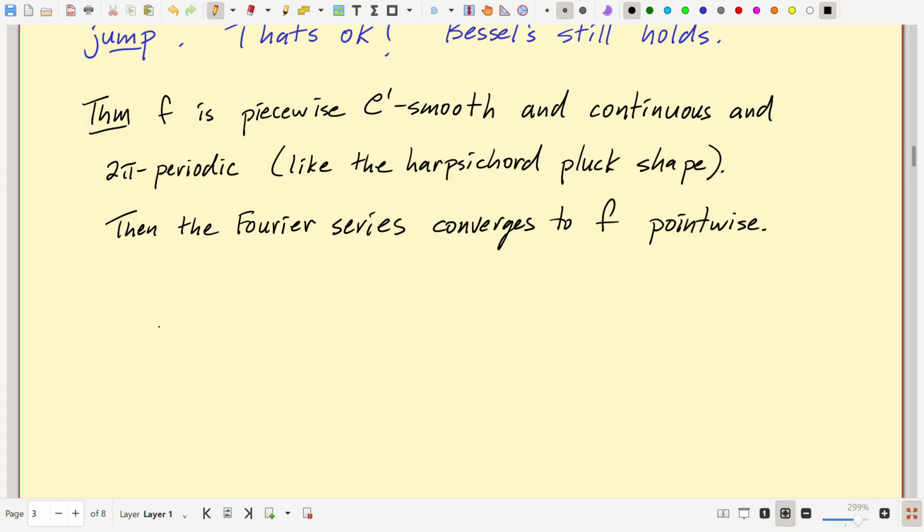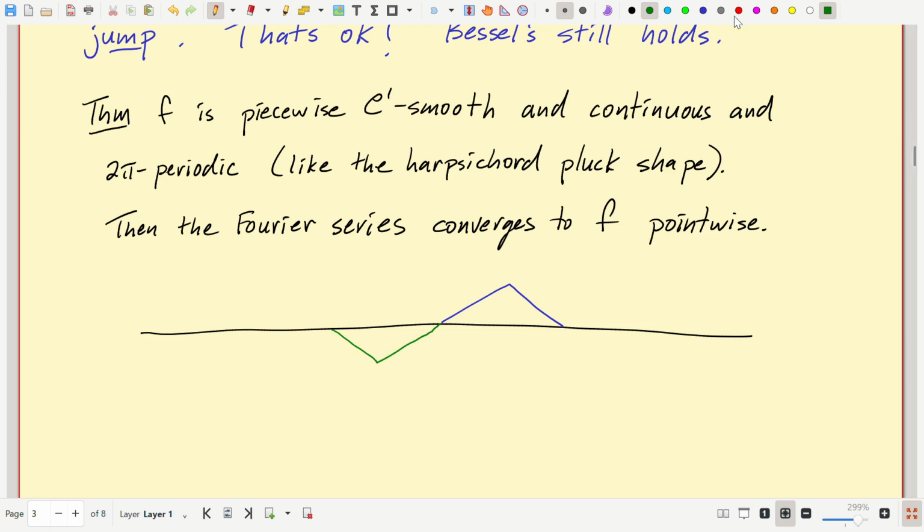That's fantastic. And here's let's think a little bit about our harpsichord problem again. So remember what the Fourier series was. Let's see, so what did I do? I had the shape of a pluck shape here, and then I extended it to be an odd function, and then I extended that to be a 2 pi periodic function.